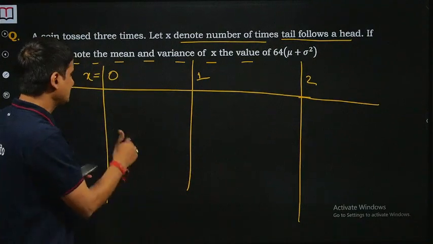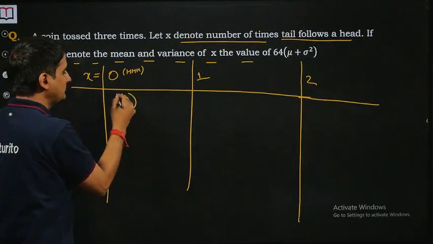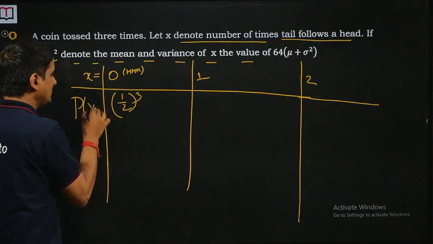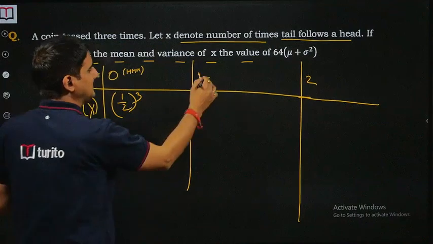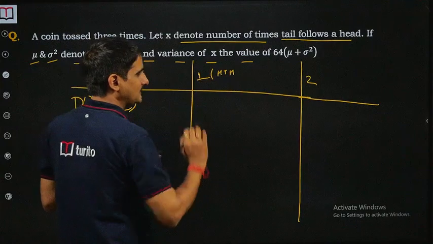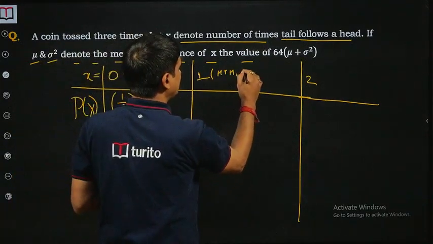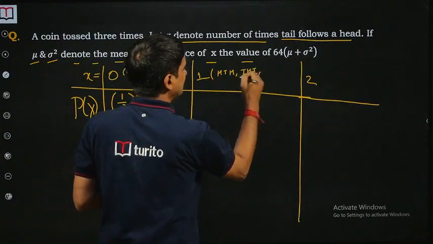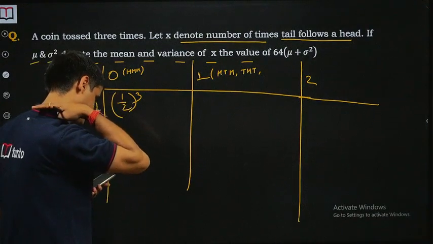So 0 means you have only one case, H, isn't that so? So the probability is (1/2) whole cube. So that's the probability of the random variable x. For 1, what are the possibilities? HTH, I think, tail following a head, so I think that statement is fulfilled here. Or T, tail following a head, one tail follows a head.